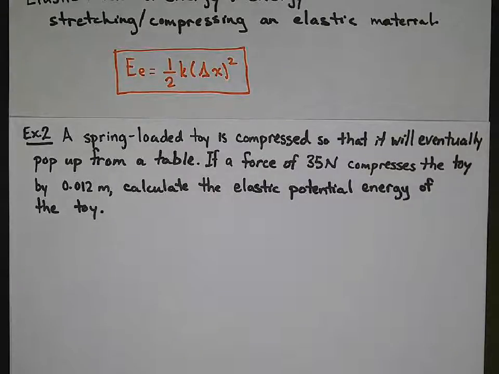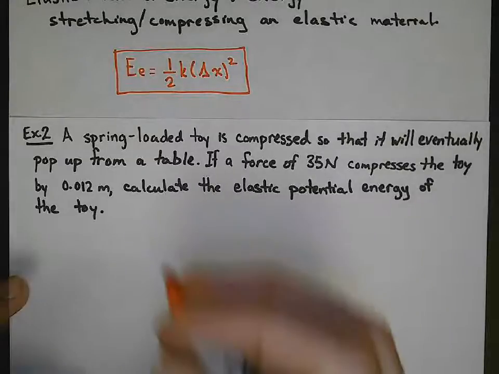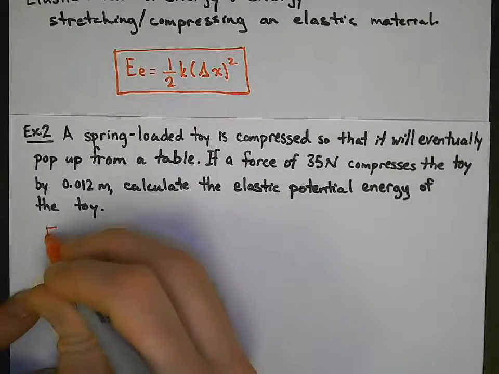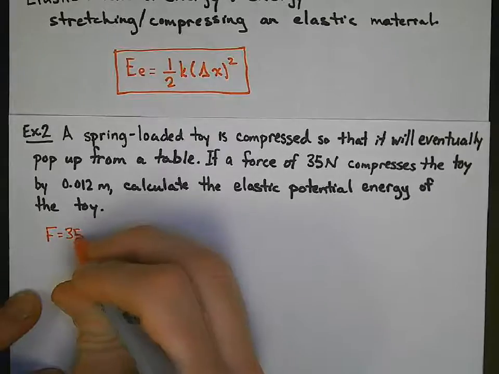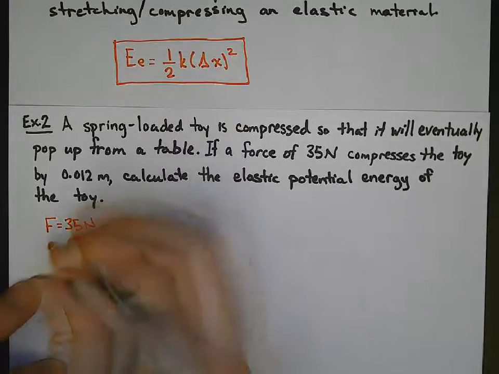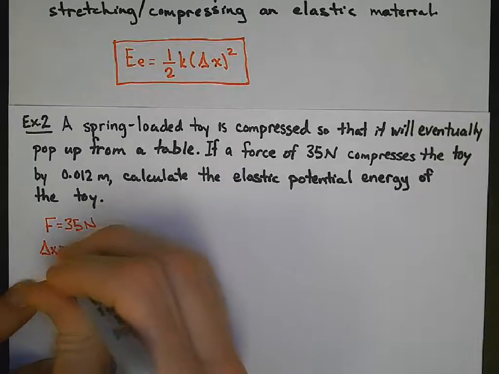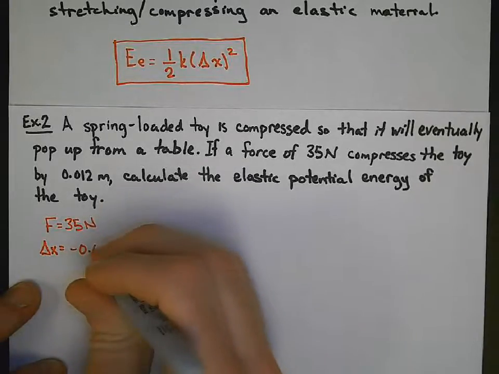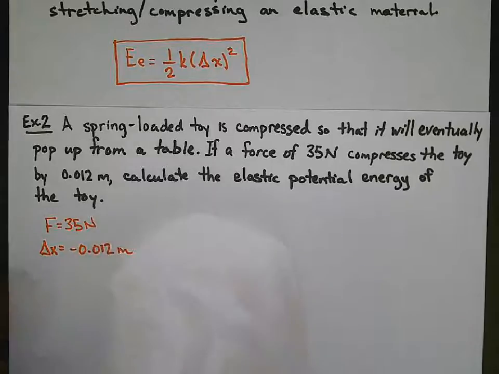So, I know that my force in this case was 35 newtons. My delta x is negative 0.012 meters due to the fact that it is compressed.